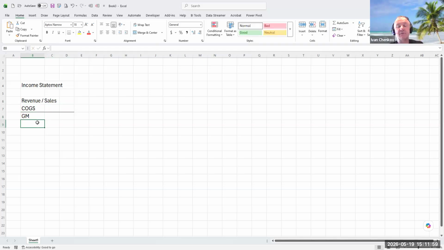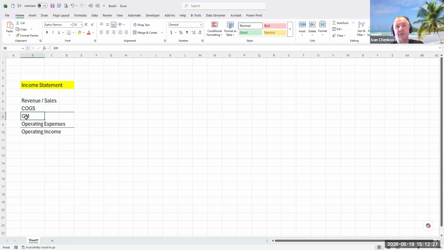After the gross margin, you're going to have operating expenses. And once we deduct the operating expenses, we're going to have the operating income. That's the traditional income statement. This is called the traditional income statement.